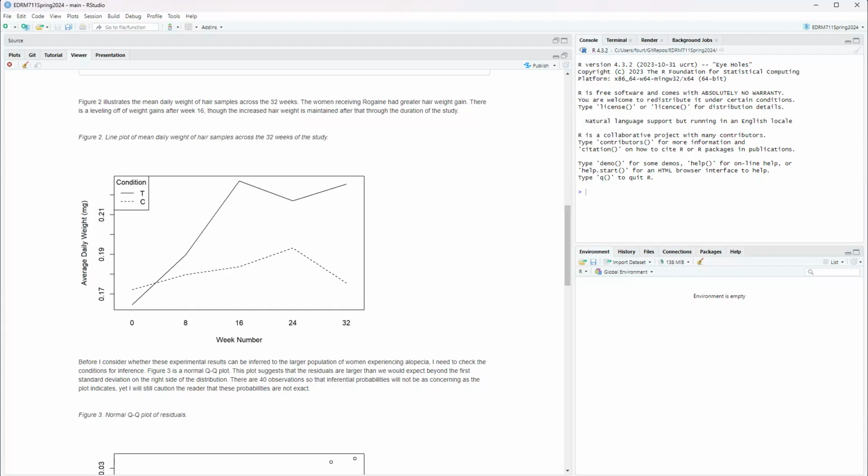Now, the week number could be treated as either a quantitative explanatory variable, that is a covariate, or, because all quantitative variables could be used as factors if we choose, and indeed when I did this analysis, that is how I chose to do it, this could be a factor. So one has to determine, are we using these quantitative data as quantitative data or are we putting them into categories?